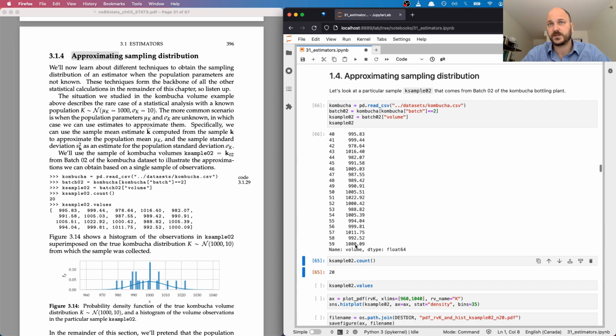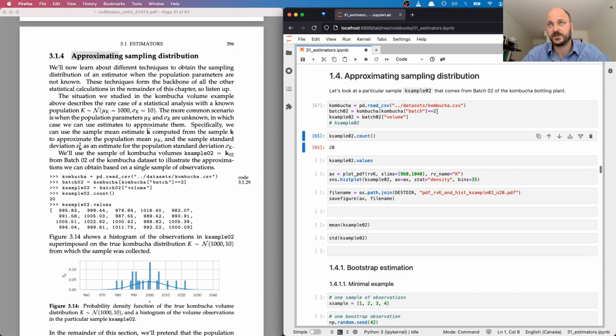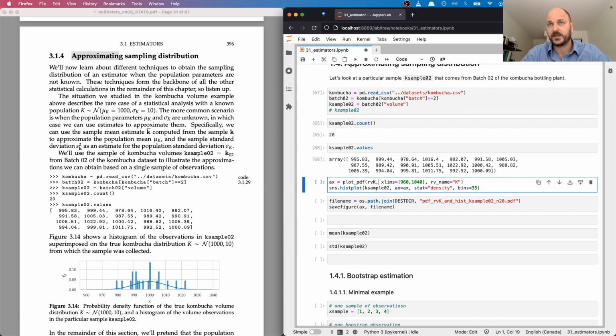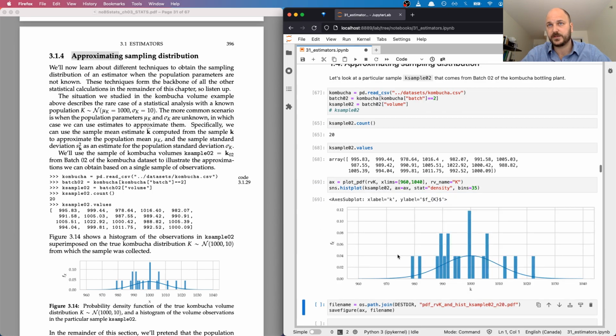It contains 20 samples. Okay, they're all from batch 2. And here are the values again. And here is a plot, just a histogram.